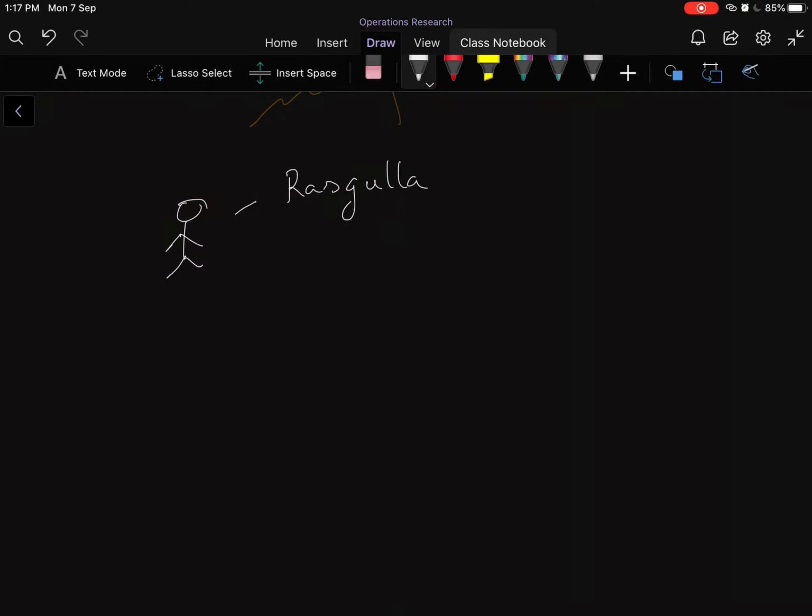And for making rasgulla, the ingredients that are required mainly are milk and sugar. Now let's say that the person not only sells rasgulla but its cousin too, and the cousin of rasgulla that we are talking about is gulab jamun.